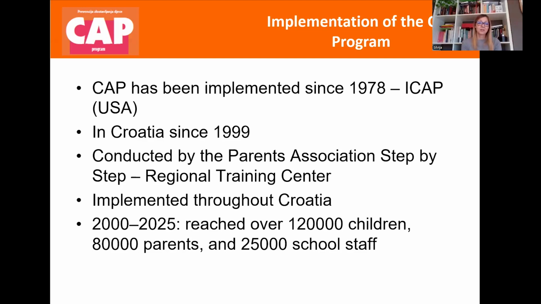In Croatia, the Parents Association Step by Step is a regional training center. So not only are we implementing the program itself, we also educate and train the teachers who are implementing it in their schools and kindergarten institutions.